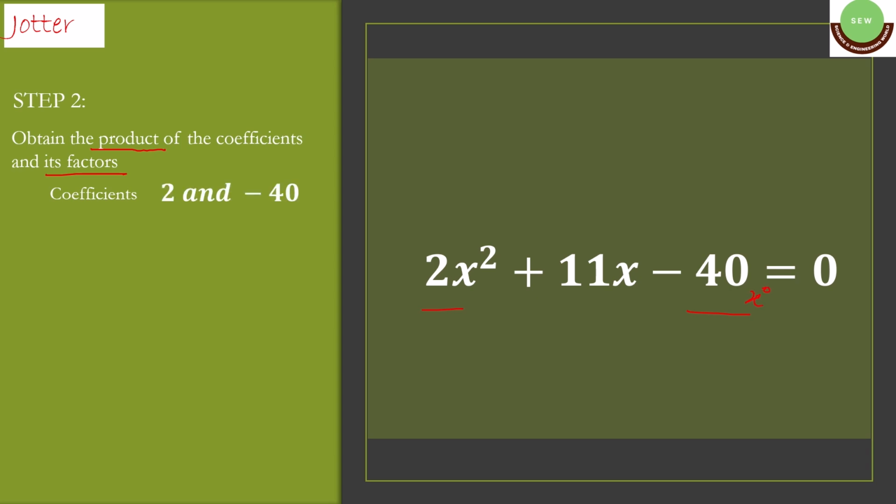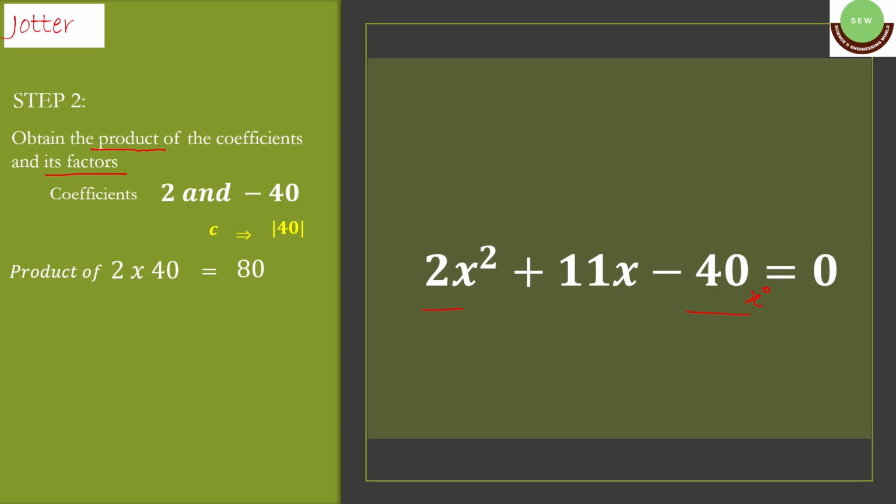However, since we have a negative value for the coefficient of x to power 0, we can take its absolute value, which is c equals 40. Now the next step is to find the product of these constants, which is the product of 2 times 40. Remember, I said we are taking the absolute value of negative 40. That will be 2 times 40, which is going to give us 80.